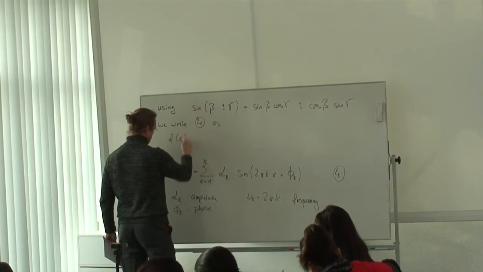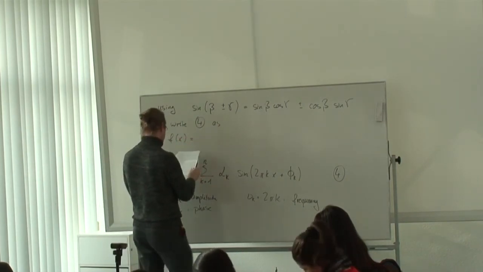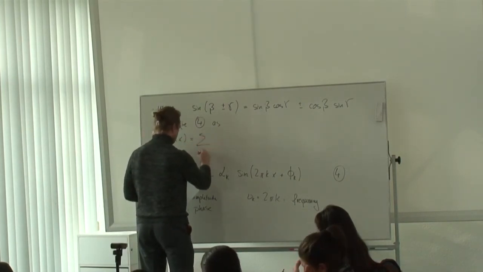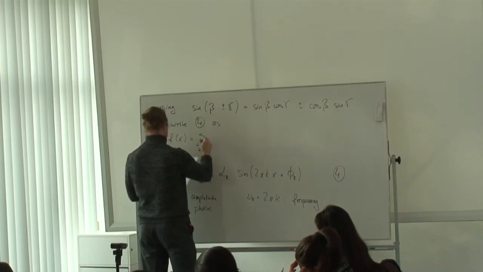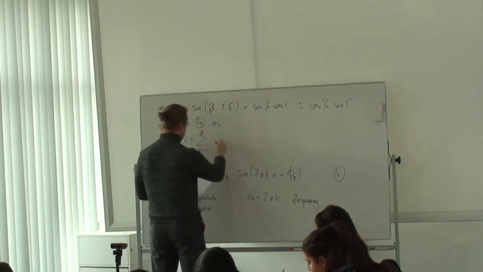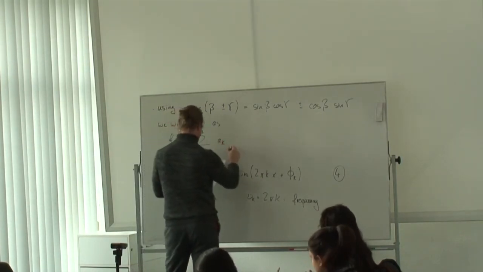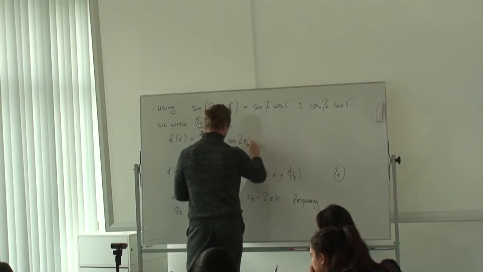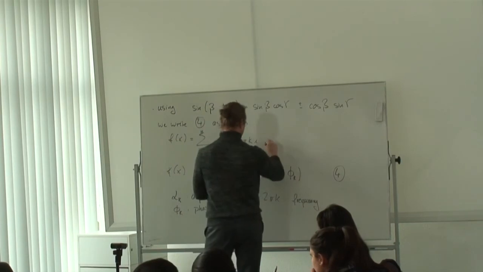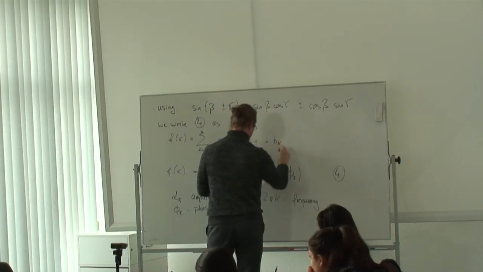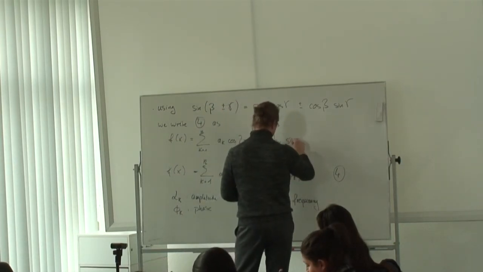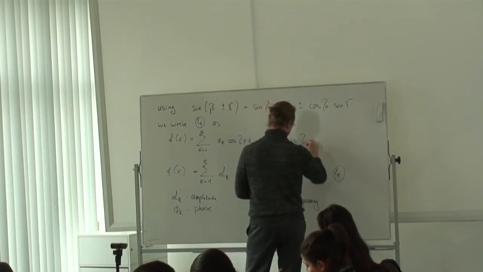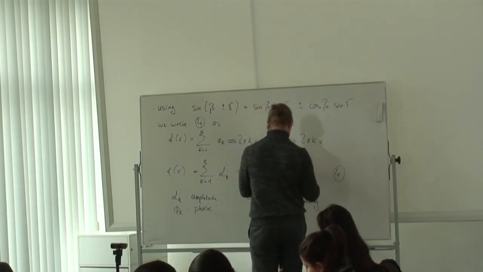F of x is given as the sum where k ranges from 1 up to n, and then we have some a_k times cosine 2 pi kx plus some b_k sine 2 pi kx.